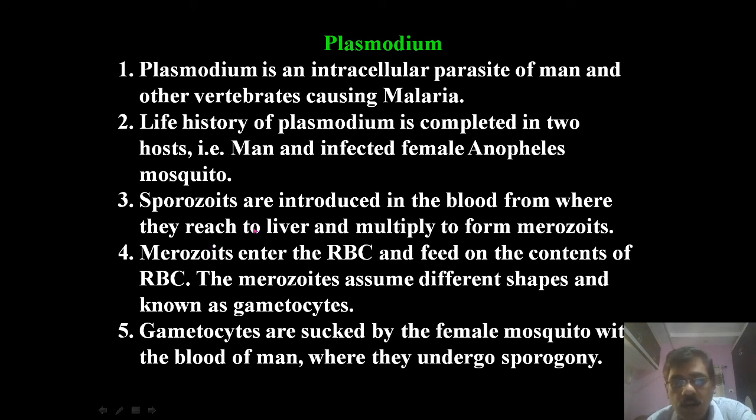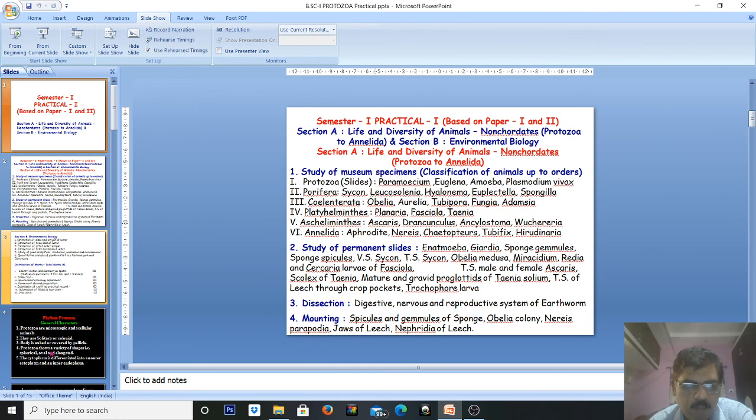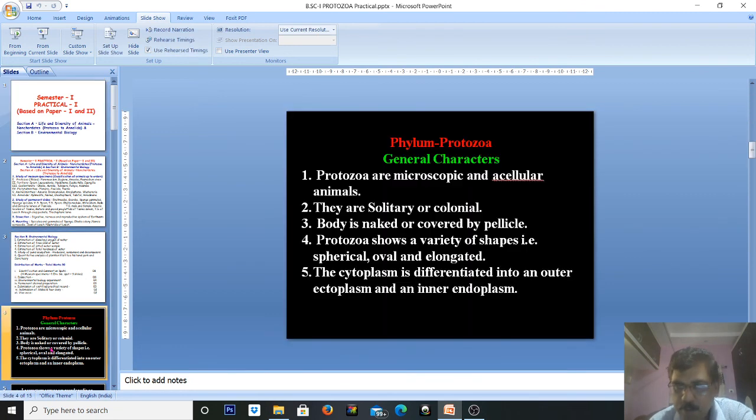Means the mosquito releases the sporozoites from its body to the healthy man, and from the blood they reach the liver and multiply to form the merozoites.